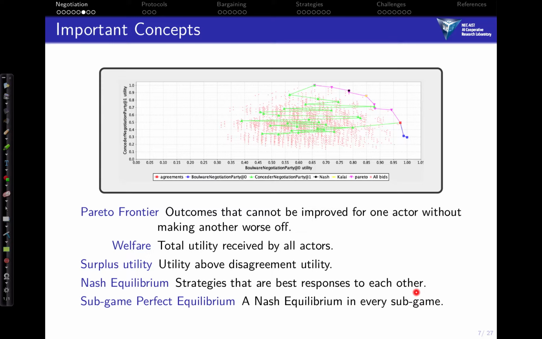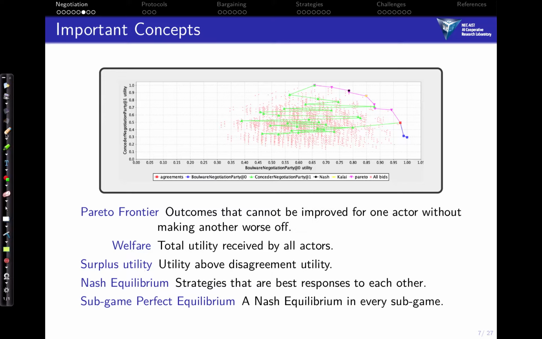Another thing is the surplus utility. So the surplus utility is just the utility above the disagreement utility. What is disagreement utility? The utility you will get if we agreed on phi. If you remember, phi means no agreement. If we got no agreement, each agent will get some value. We call it the reserved value of the agent, or the reservation value. And the surplus utility is the difference between the utility you get and your reservation value.